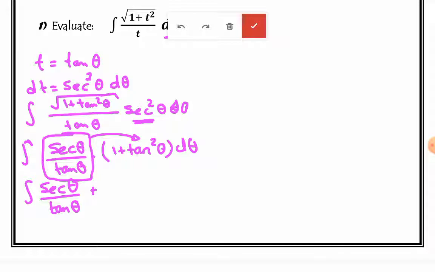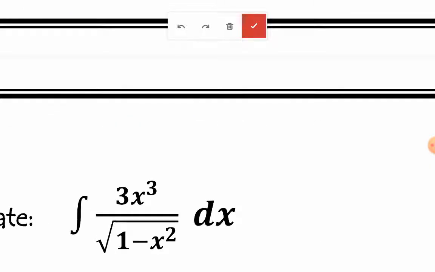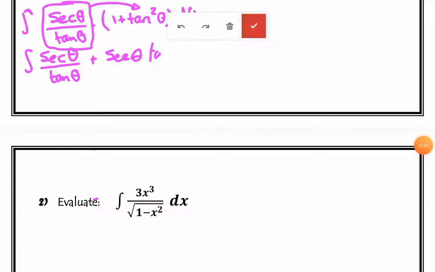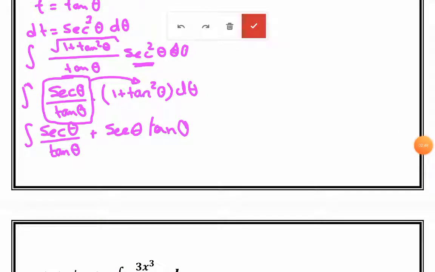Multiplying this whole expression, the tan theta will cancel out with tan squared, and the remaining is secant theta tan theta d theta.